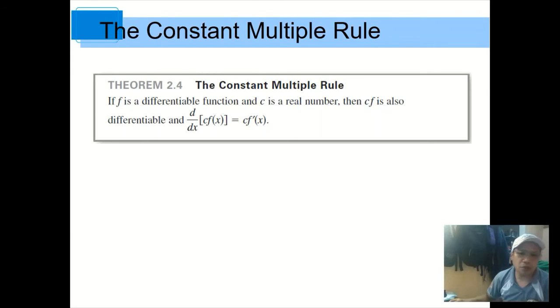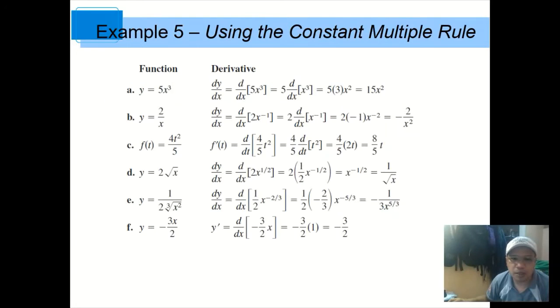The constant multiple rule. If f is a differentiable function and c is a number, then c times f is also differentiable. And the derivative of c times f of x is equal to c times f prime x. Ibig sabihin, ilalabas na agad natin yung constant dun sa tabi ng variable.